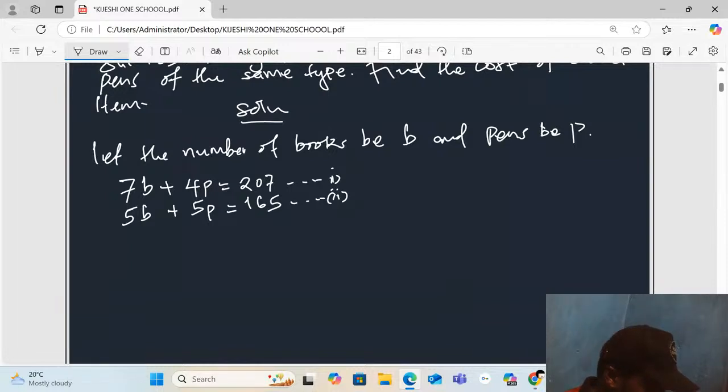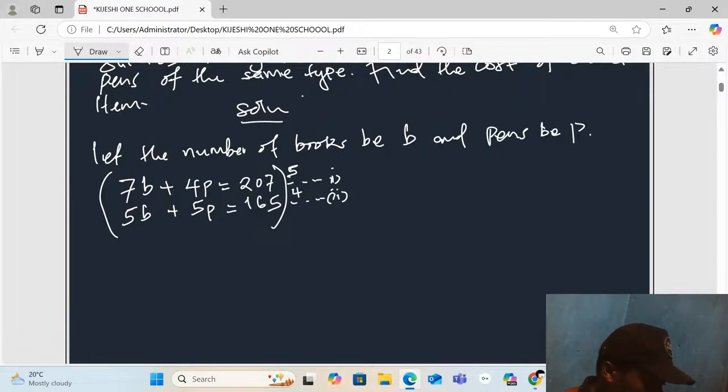Now, with elimination, we've said that you have to make one of the unknowns equal. In this case, I suggest we make P the same. So we shall have to multiply the first equation by 5 and the second equation by 4 to make the unknown P the same.